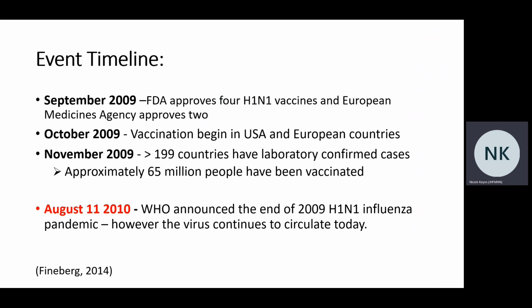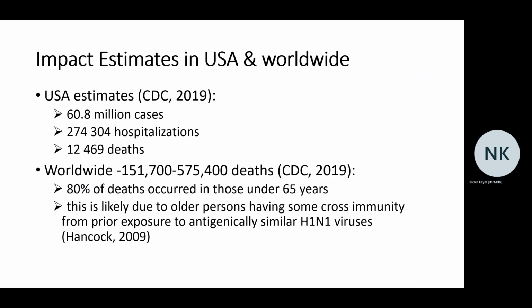By November 2009, there are more than 199 countries which have laboratory-confirmed cases, and approximately 65 million people have been vaccinated. On the 11th of August 2010, the World Health Organization announced the end of the 2009 H1N1 influenza pandemic. However, this virus continues to circulate today.